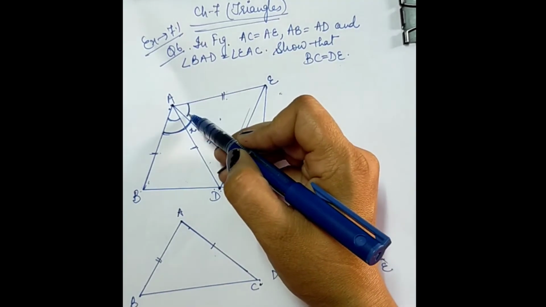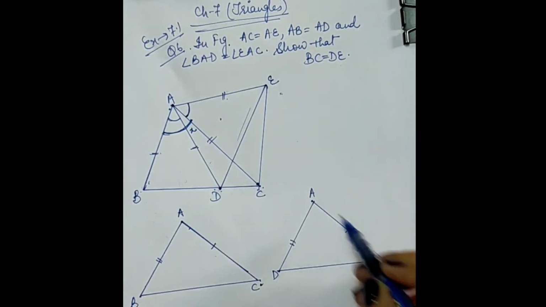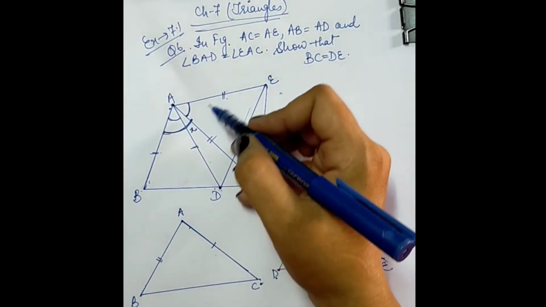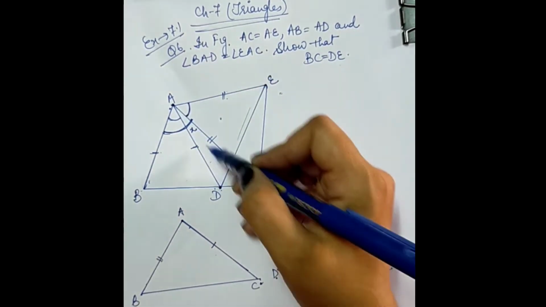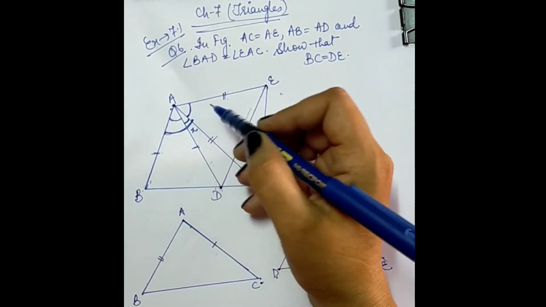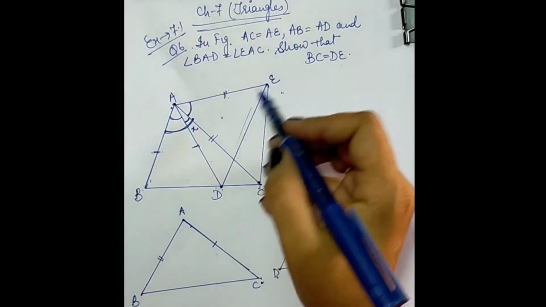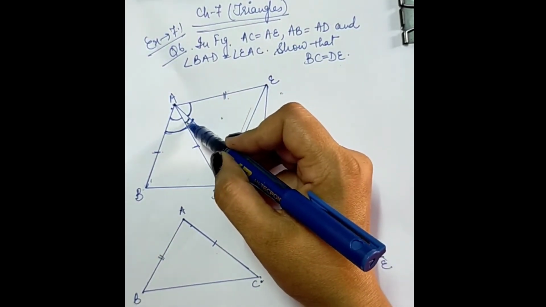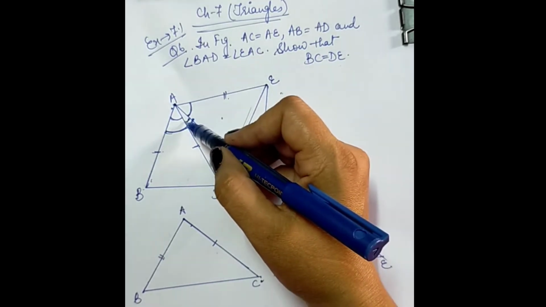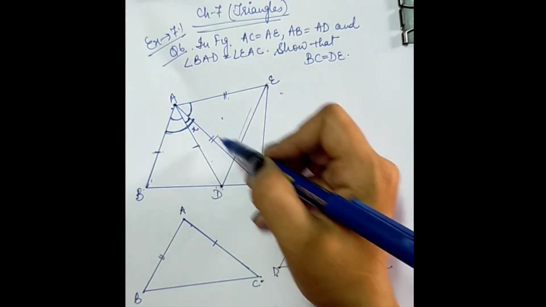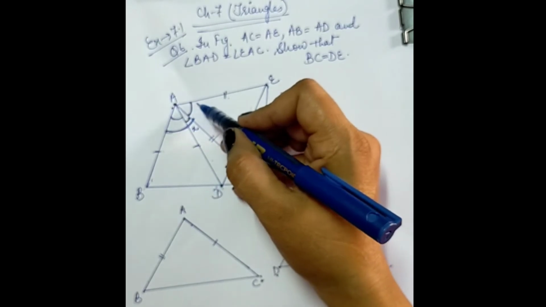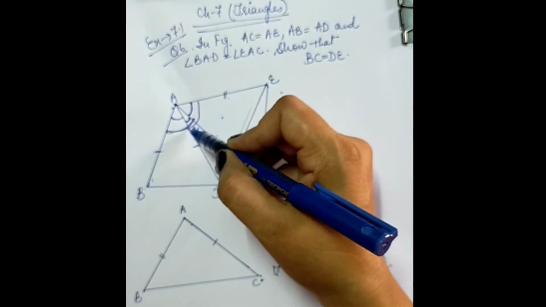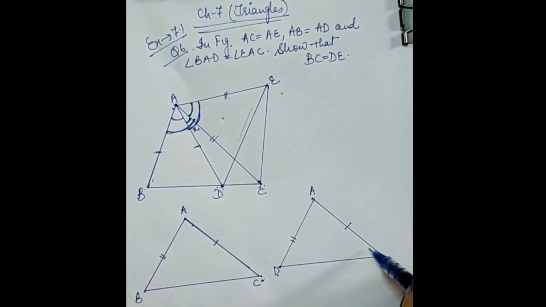That means this angle is being given, but I need EAD. So again, to make it EAD, I need to add this X in EAC, so that it will give us EAD, the required angle.